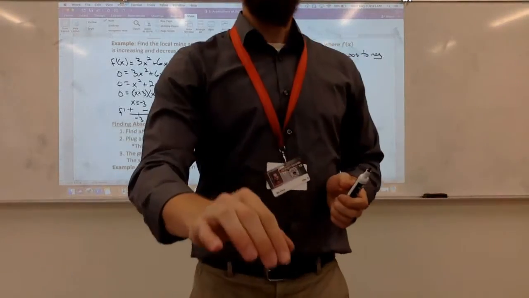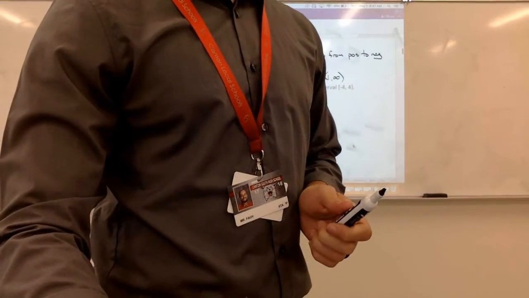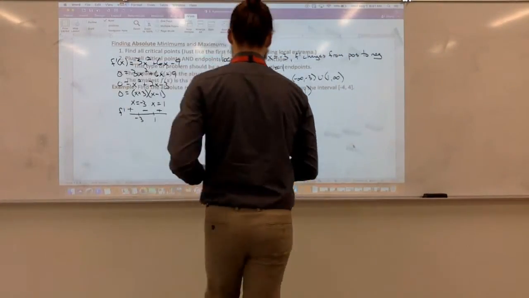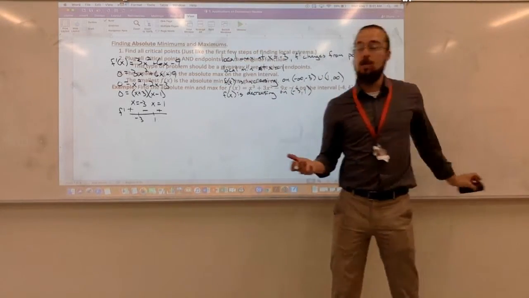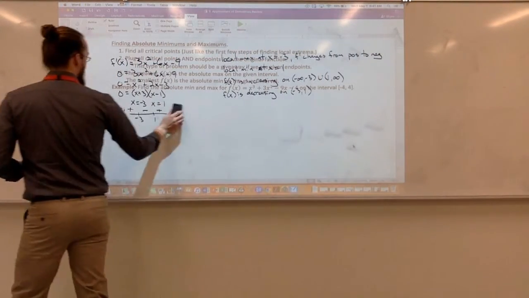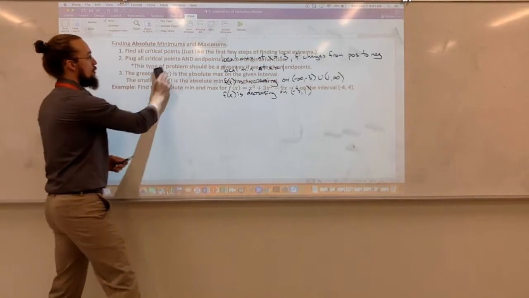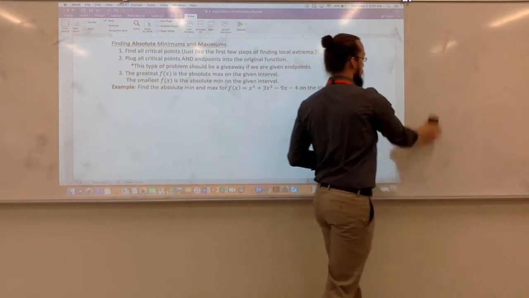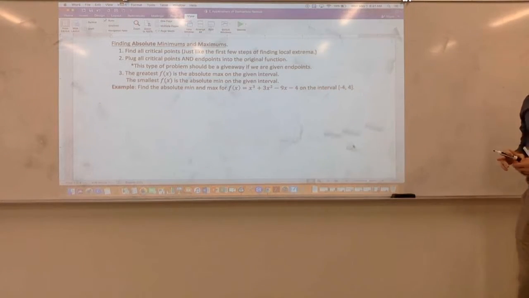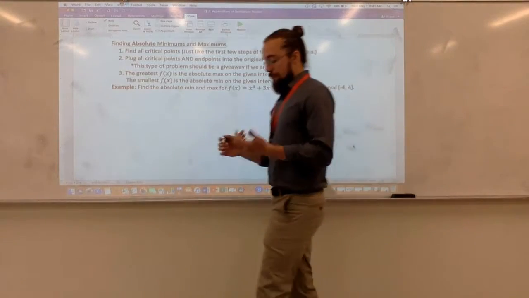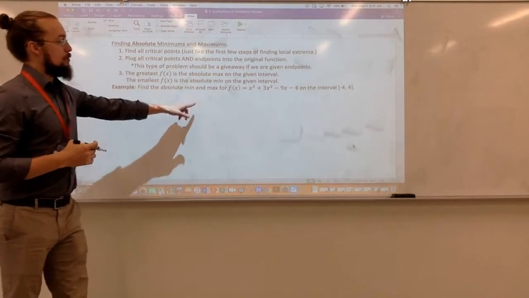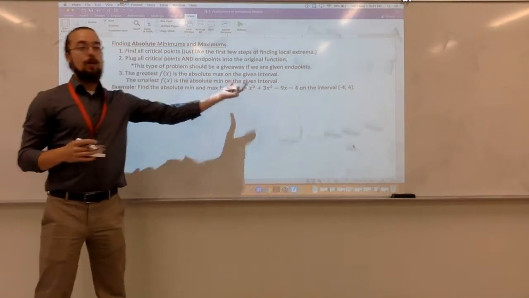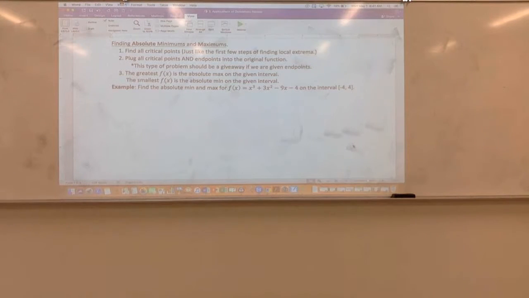All right. Then the next idea was absolute mins and maxes. Okay, this is similar to local mins and maxes, but if we're talking about absolute mins and maxes, usually we will be given an interval. So for example, in this problem right here, it's the same equation as the last example, but now it says find the absolute mins and maxes on the interval negative 4 to 4.